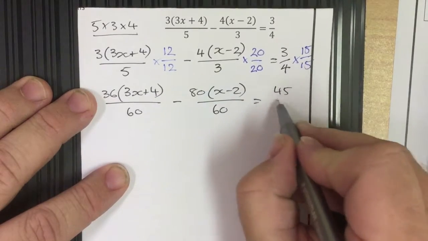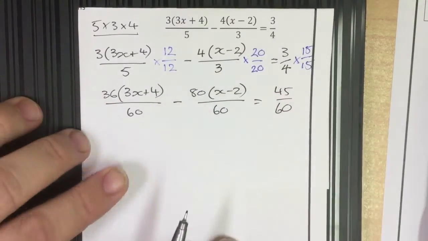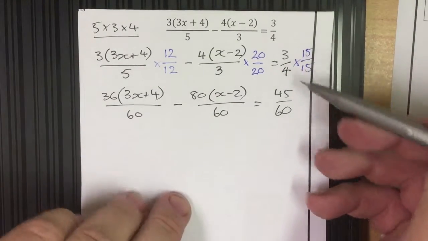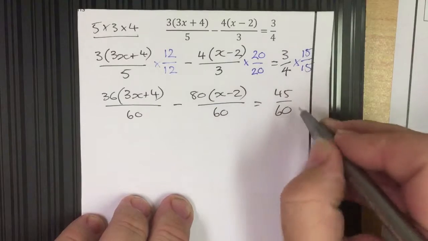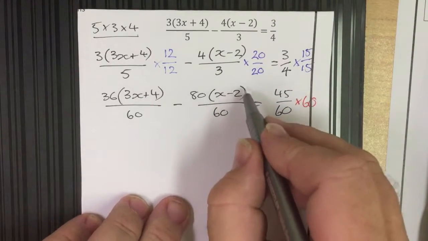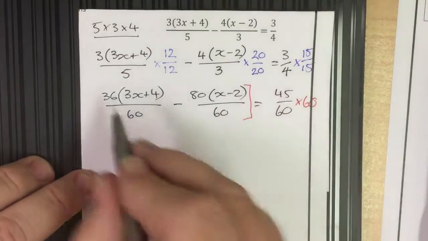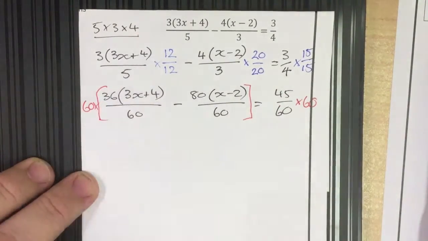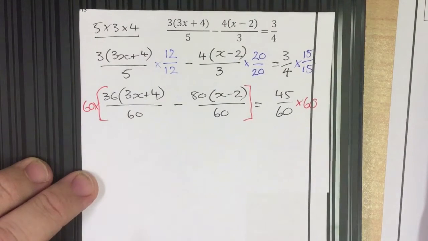So my whole point of this, and particularly including this 3/4 on the end here, was if I multiply this side here by 60, so this is my first actual algebraic equation step. I'm doing the same thing to both sides. I'm going to multiply this side by 60 as well.